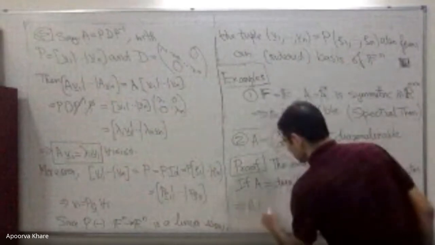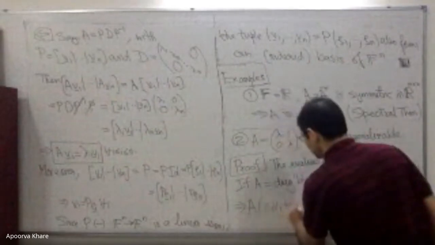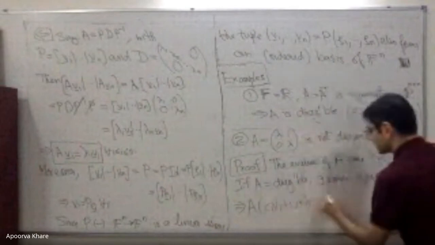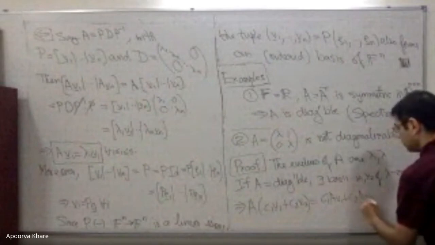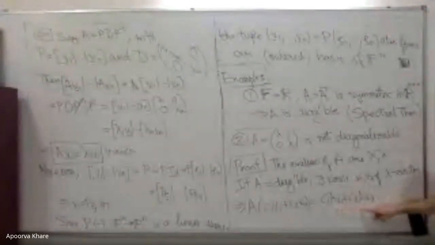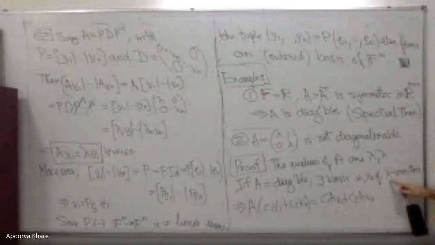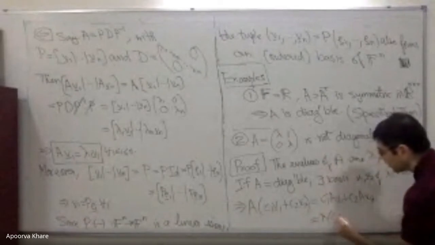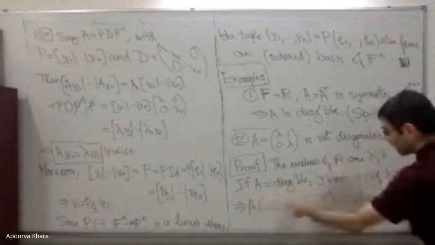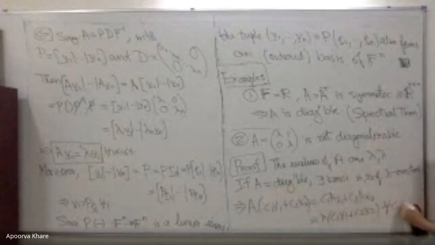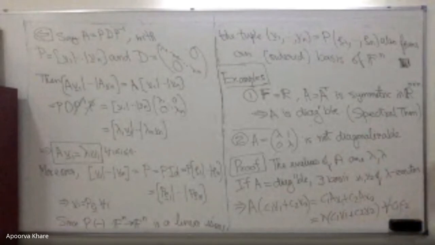If I look at A times (c1 V1 plus c2 V2), this is c1 A V1 plus c2 A V2, because obviously A is a linear transformation. But A V1 is lambda V1 and A V2 is lambda V2, because these are lambda eigenvectors. So lambda can be taken common, and I get back the same linear combination. A times that is lambda times this for all c1 and c2. Right?